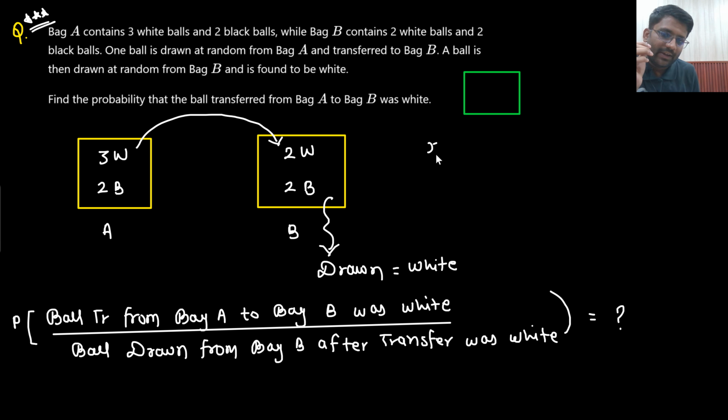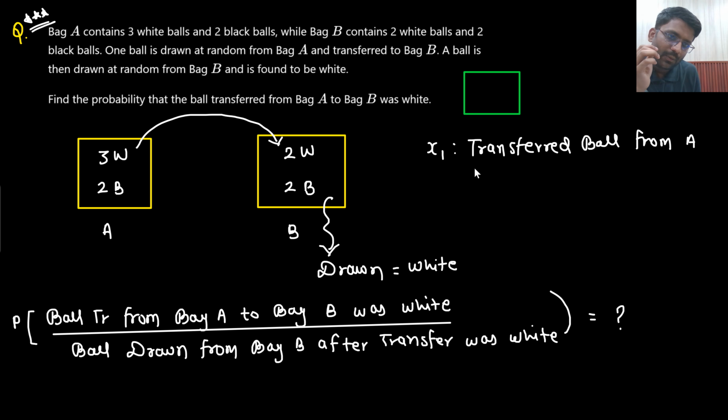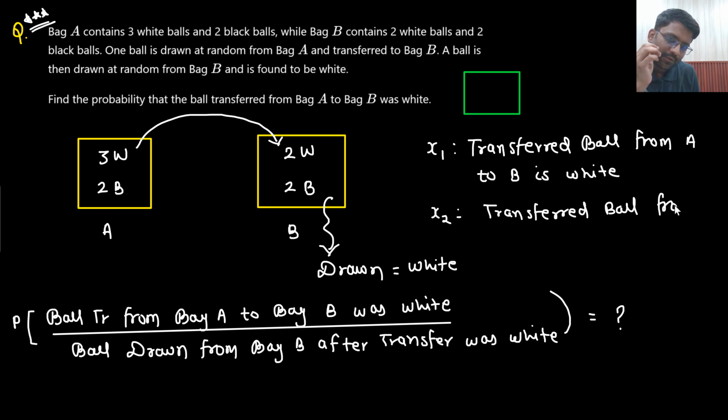I am making an event x1: the transferred ball from A to B is white, and I am making an event x2: the transferred ball from A to B is black. Sir, how did you understand that you need to make these x1, x2?